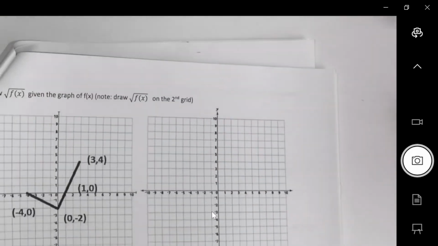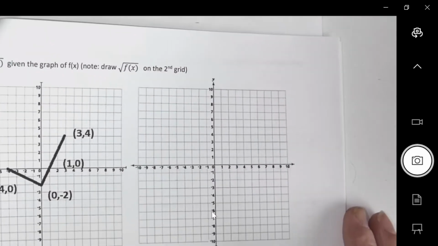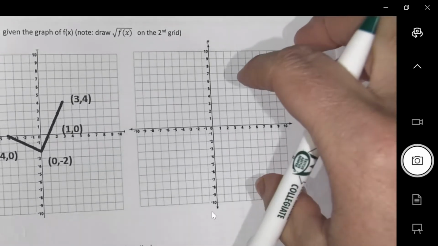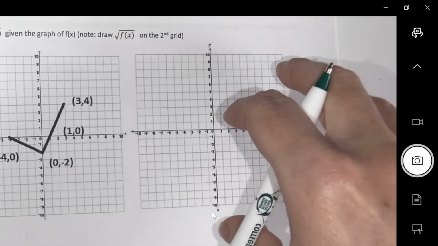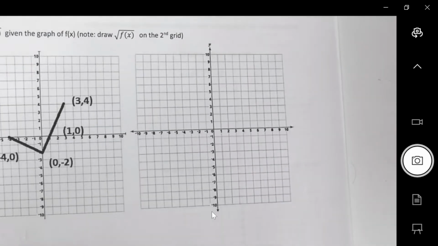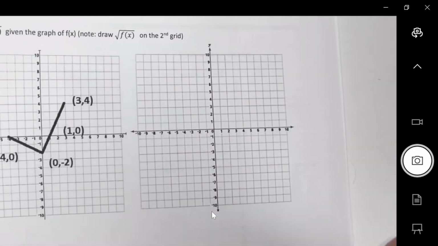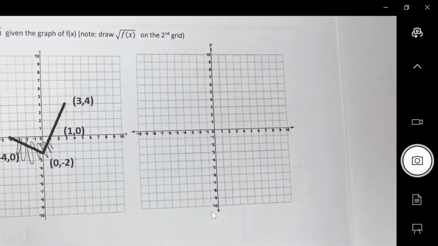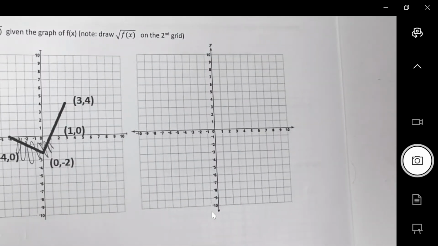Okay. We're going to graph the square root of this on the second graph here. So I can't square root this little chunk. So I know that. Which points wouldn't change?